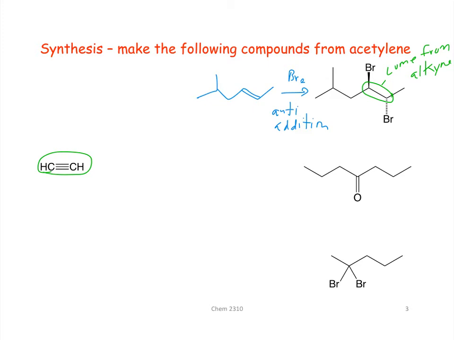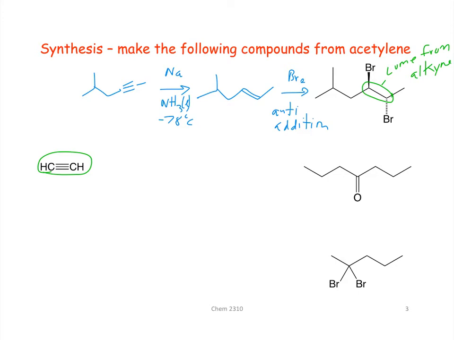All right, so how would we make this alkene? We've got a trans alkene, so like on the previous slide, we could make that with a dissolving metal reduction. That gets us back to an alkyne. And then it's going to be similar to the last slide as well.